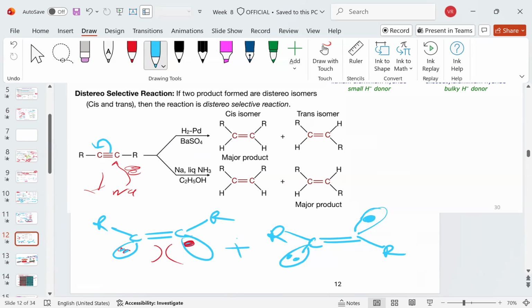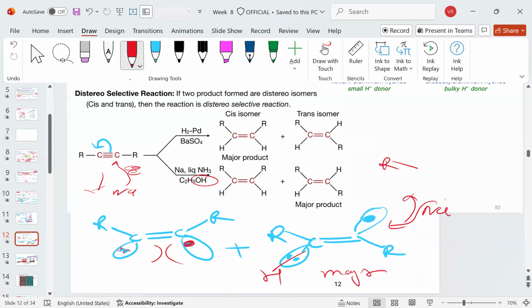So in this case, what happens? First, this is major. Then the second, as I mentioned, from the alcohol it can abstract the proton. So the first proton abstraction takes place here. Then in the second step, the sodium metal can donate another one electron to here.